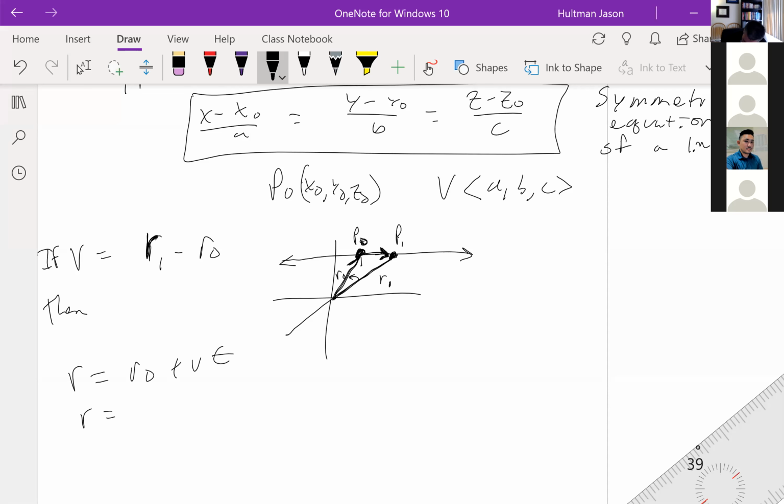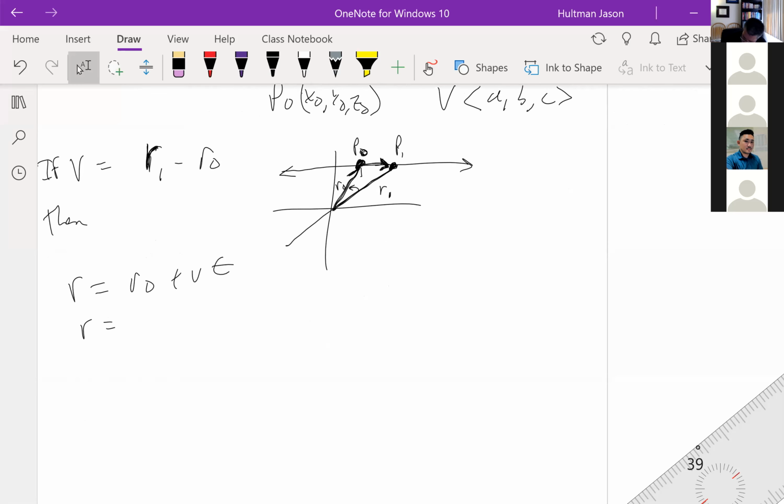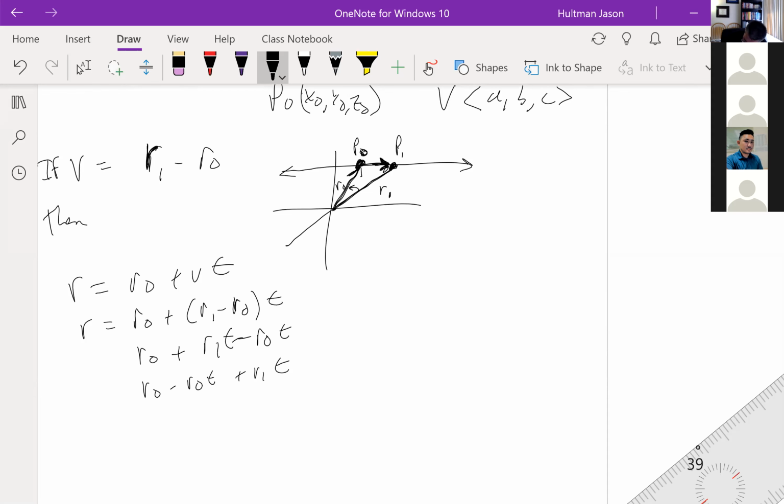And v is r1 minus r naught, that's this vector here. So r1 minus r naught times t. I'm going to distribute the t. So r naught plus r1 t minus r naught t. R naught minus r naught t plus r1 t.